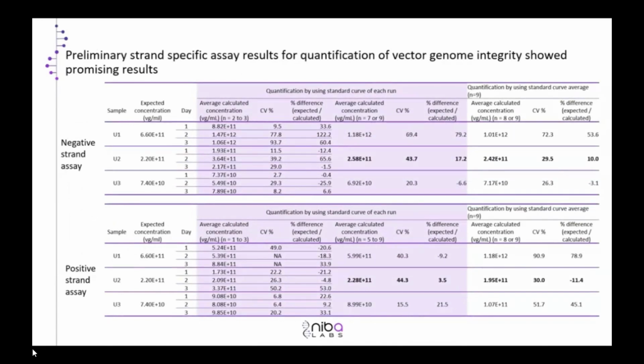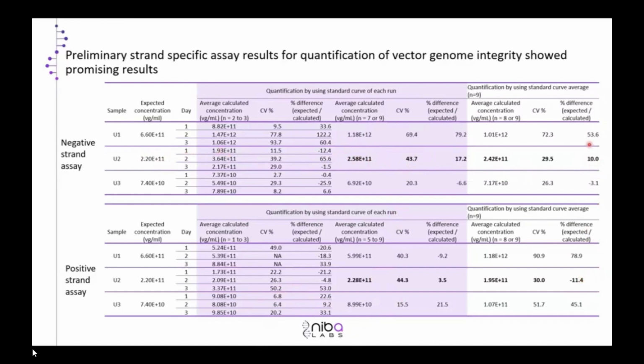As you can see, the results are very encouraging, especially this intermediate concentration is actually almost the same as expected. Very small difference in terms of what we expected and what we got.